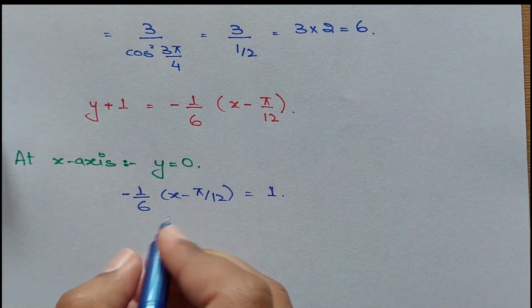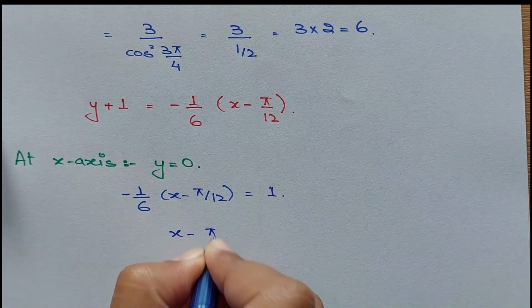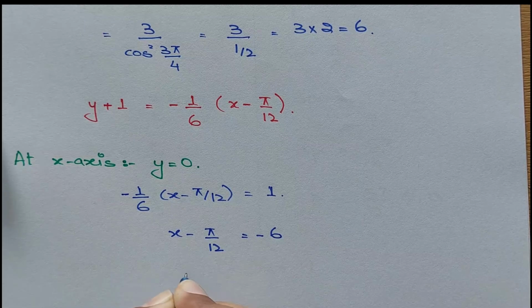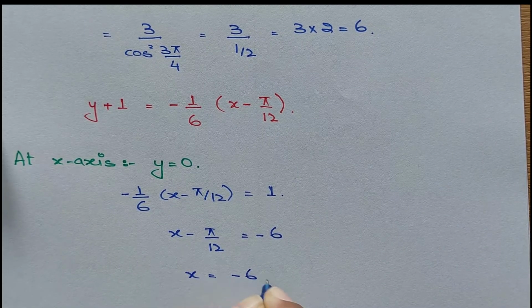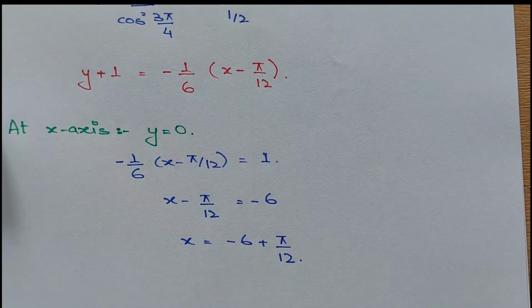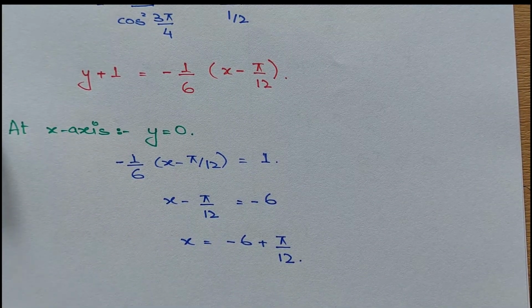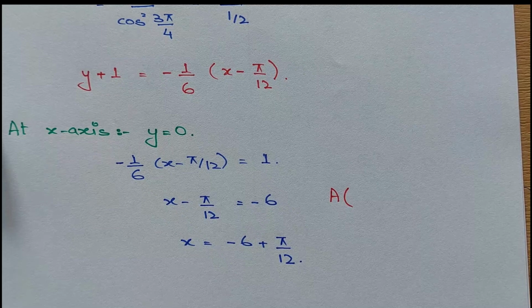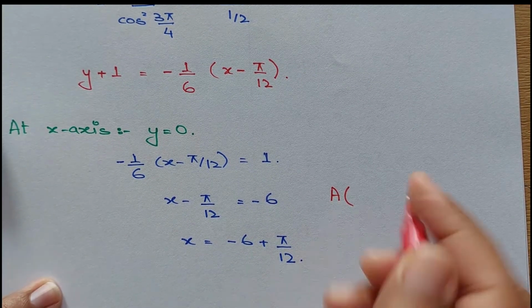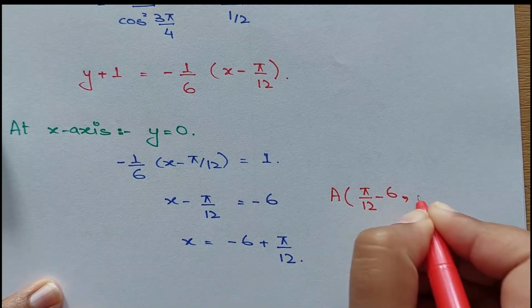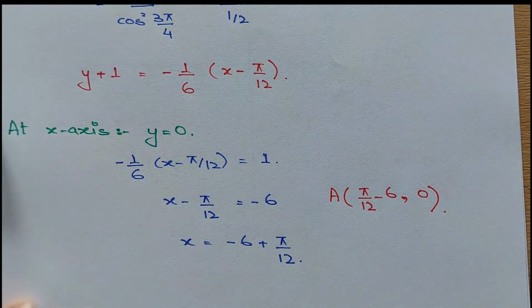Let me solve for x. So x minus pi by 12 is equal to negative 6, and x is equal to minus 6 plus pi by 12. So the point A, at x-axis it meets at point A, the x coordinate is pi by 12 minus 6, and 0. This is the coordinate for A.